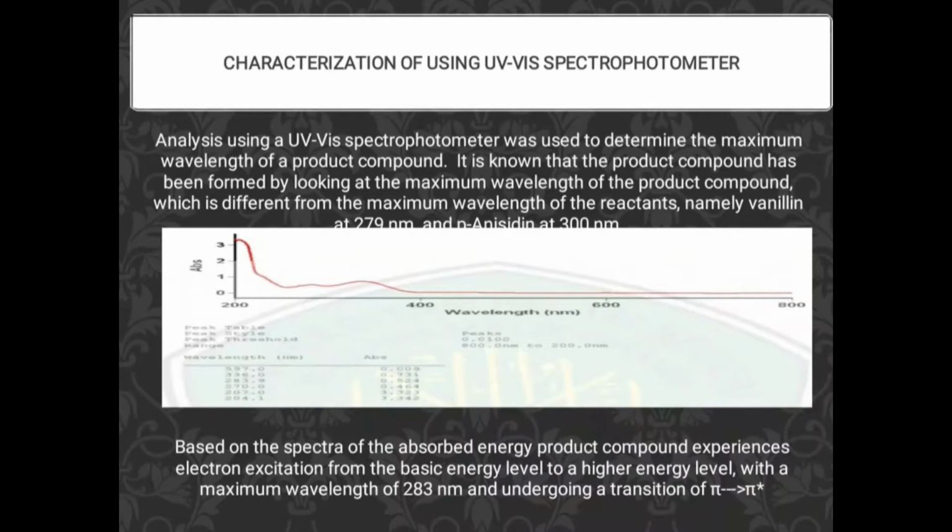Based on the spectra of the absorbed energy, the product compound experiences electron excitation from a basic energy level to a higher energy level, with a maximum wavelength of 283 nanometers and undergoing a π to π* transition.